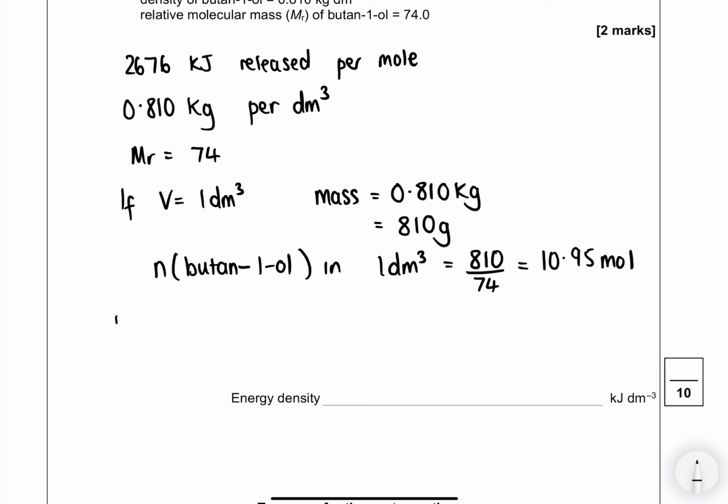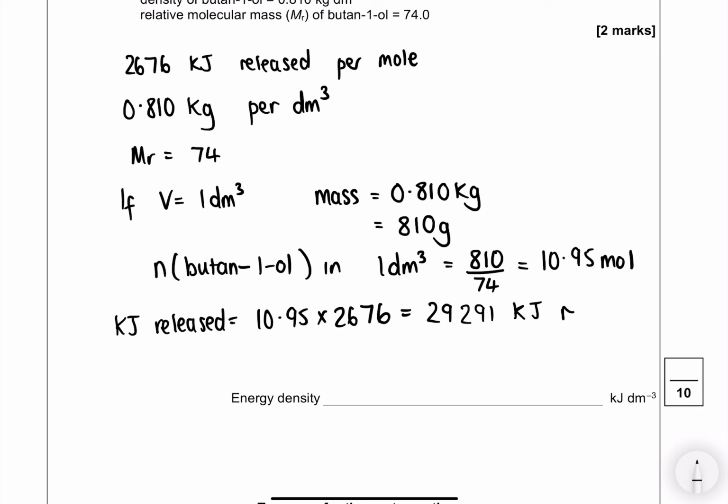and we've got 10.95 moles in a decimeter cubed. So how many kilojoules released equals 10.95 times 2,676. So that's 29,291 kilojoules released in 1 decimeter cubed.